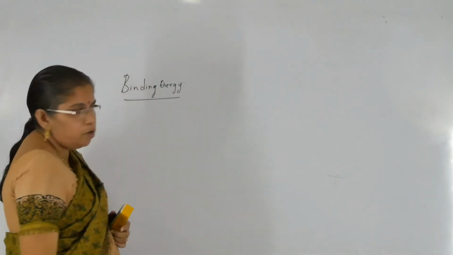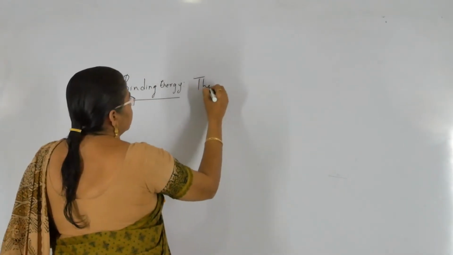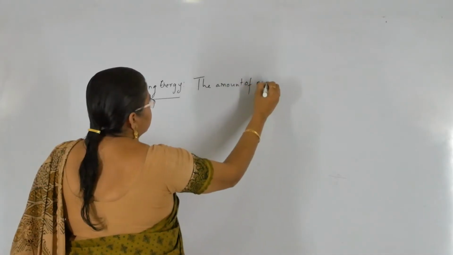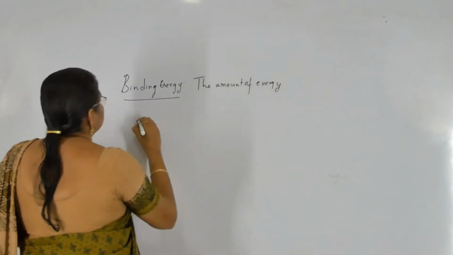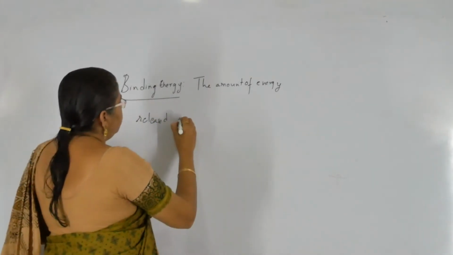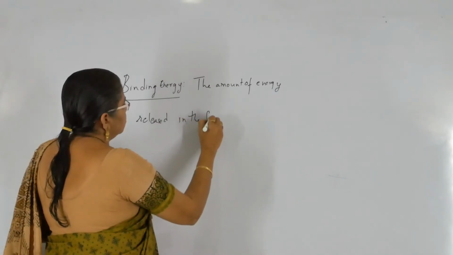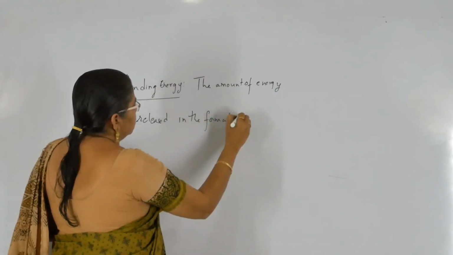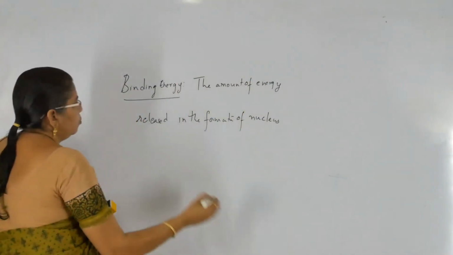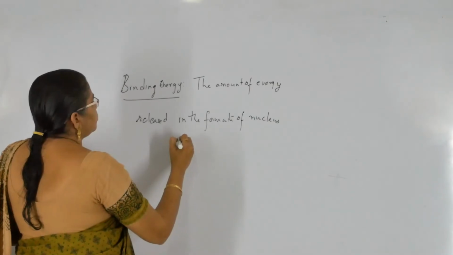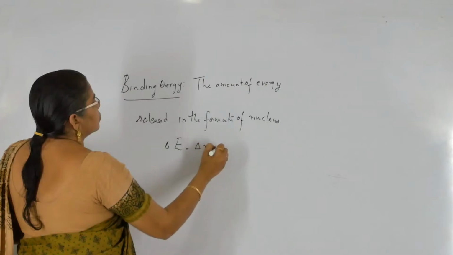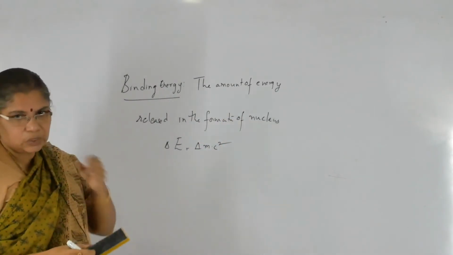Binding energy is the amount of energy released in the formation of the nucleus, and its value is given by delta M into C square.